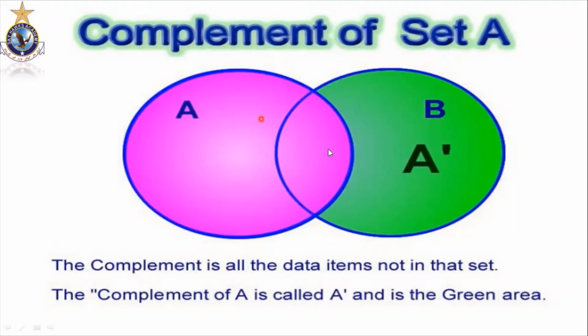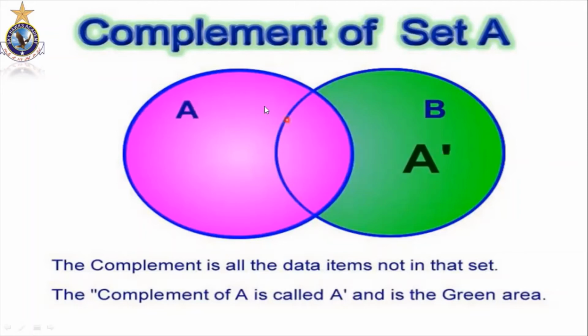The reason is that all those things which are in this area also belong to A. So by definition, we are looking for those things which belong to B but do not belong to A, because we are looking for the complement of A. So all those things over here should not be included in the green area, which is the complement of A. So B minus A will give you the complement.